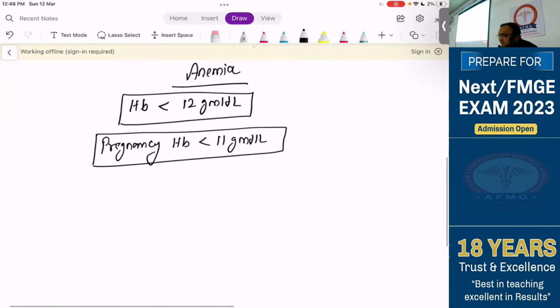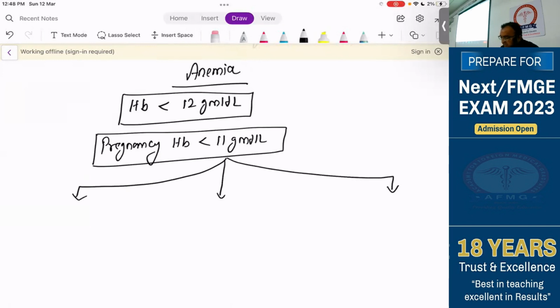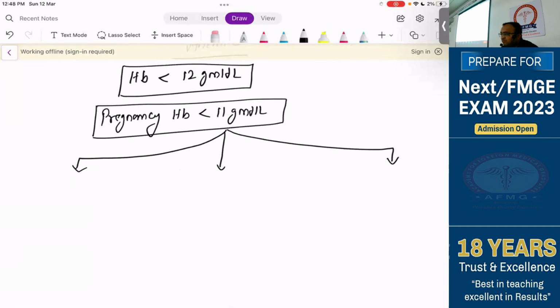Now we'll see the classification of anemia. What are the different types of anemia that can be there? Based on the size of RBC, or you can say based on the morphology of RBC, anemias are divided into three important types.